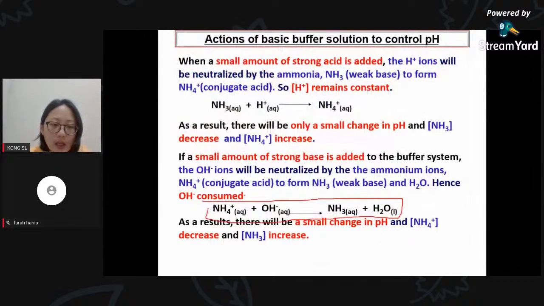You explain: if a small amount of strong base is added to the buffer solution, hydroxide ion will be neutralized by the ammonium ion, NH4 plus, to form ammonia and water. Hence hydroxide is consumed, so there is a small change in pH and the concentration of ammonium decreases.